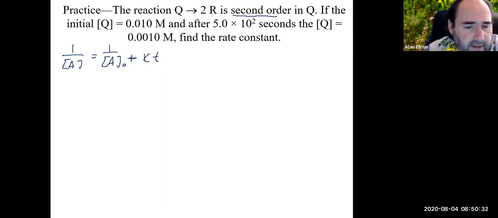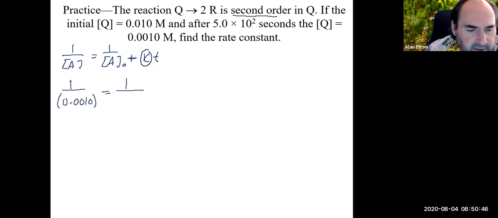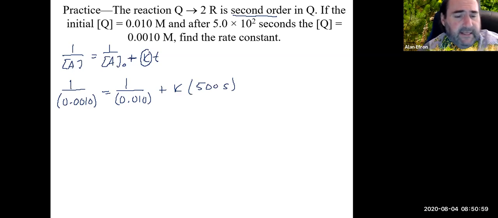In this particular case, we have everything except for k, which is what we're looking for. So our final concentration after 500 seconds is 1 over 0.001, equals our initial concentration, which would be 1 over 0.01, plus k, which is what we're looking for, times our time here, 500 seconds.